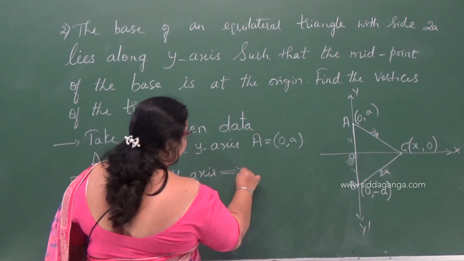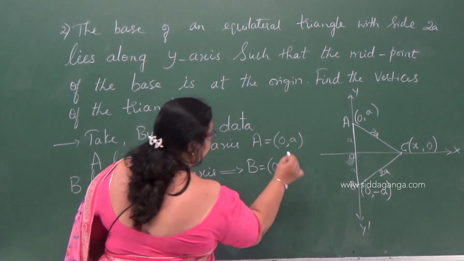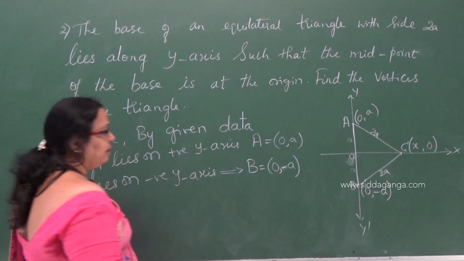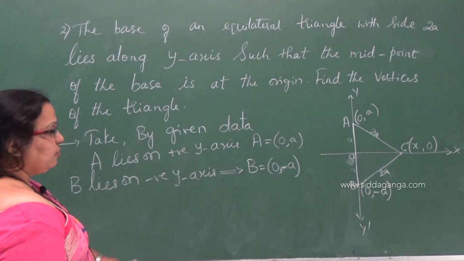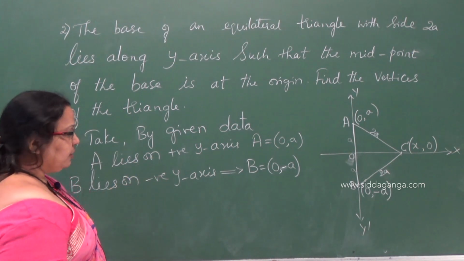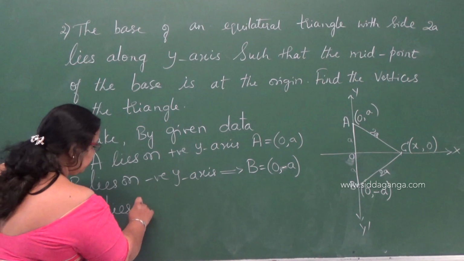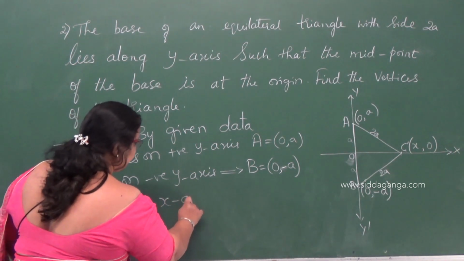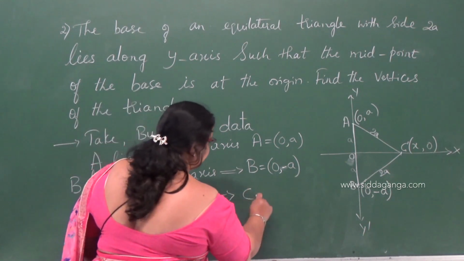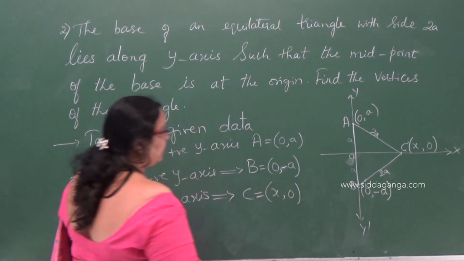So we have to take B equal to 0, minus a. Since it is an equilateral triangle, the third vertex lies on the x-axis, that means the positive x-axis. Therefore, you take C as x, 0.